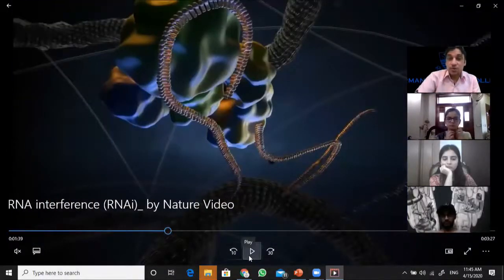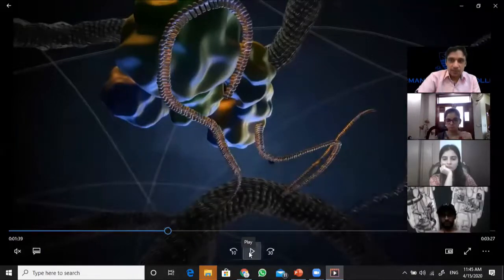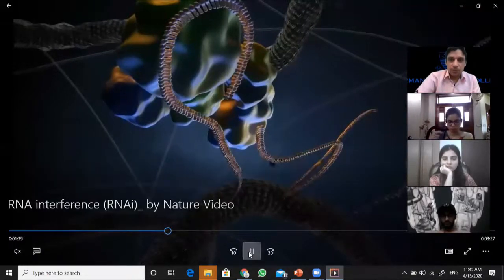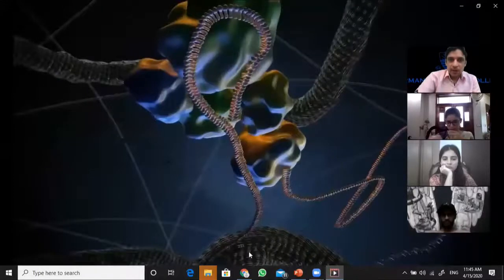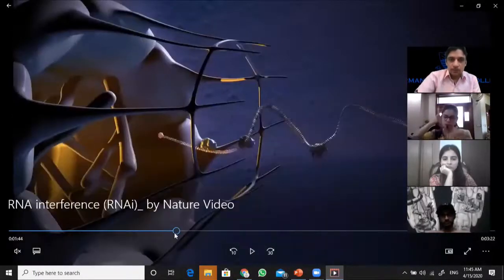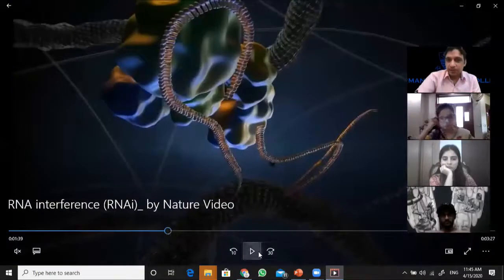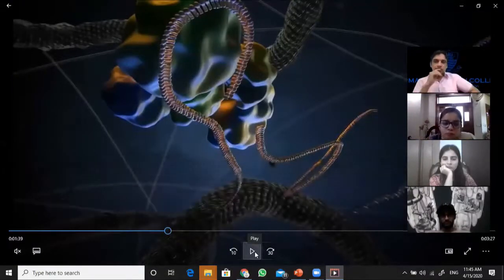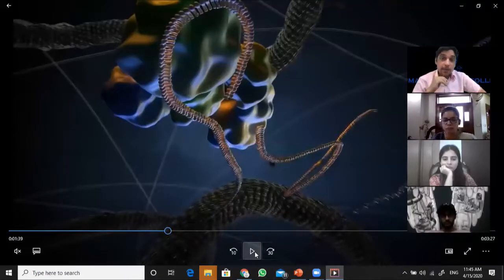So once the messenger RNA is created with the help of certain supportive proteins, you just saw something very amazing. Let me repeat it for you. This thing and this thing and this thing. See it again. This is called RNA splicing.